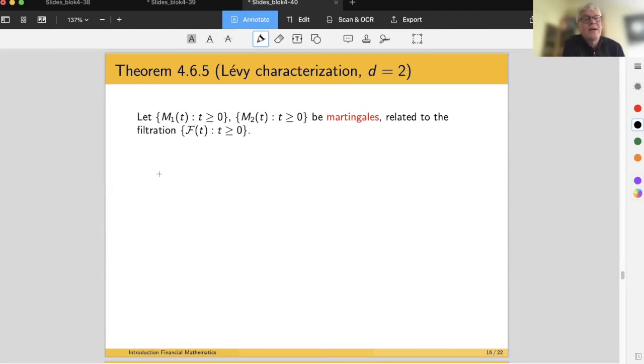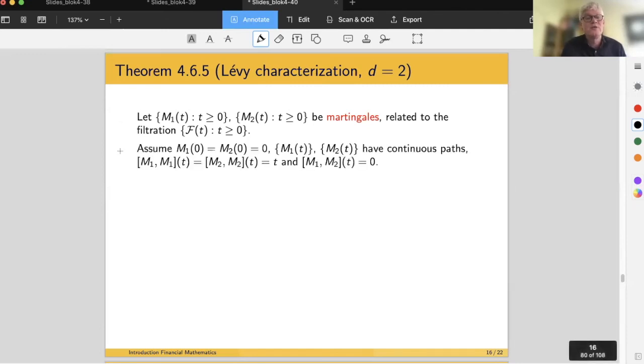So in the 2-dimensional case, let M1(t), t greater equal to 0, and M2(t), t greater equal to 0, be 2 martingales related to the filtration F(t), t greater equal to 0. And then, as you can imagine, we generalize the assumptions from 1D to 2D. So we will assume M1(0) is equal to M2(0) is equal to 0.